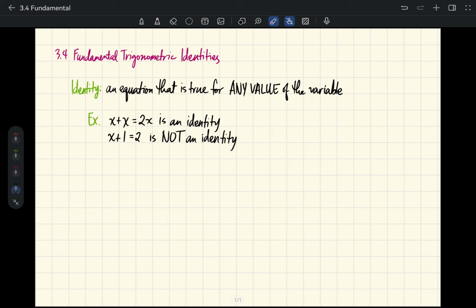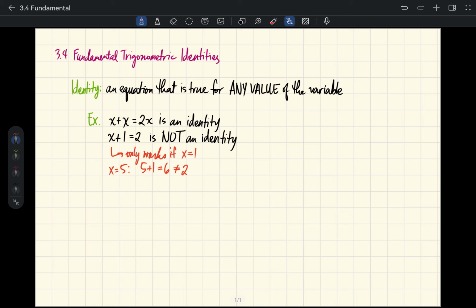However, x plus 1 equals 2 is not an identity. Why? This only works if x equals 1. For example, if I use x equals 5, we have 5 plus 1 equals 6, but it's not equal to 2.